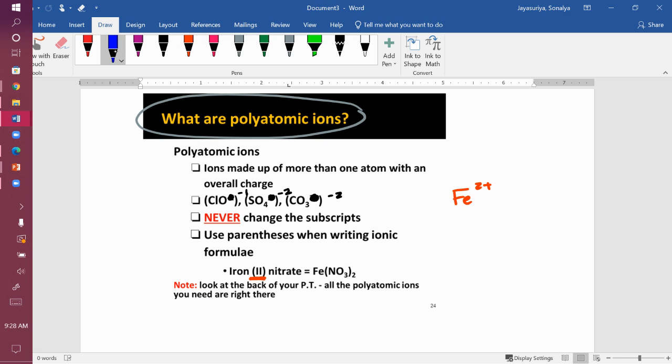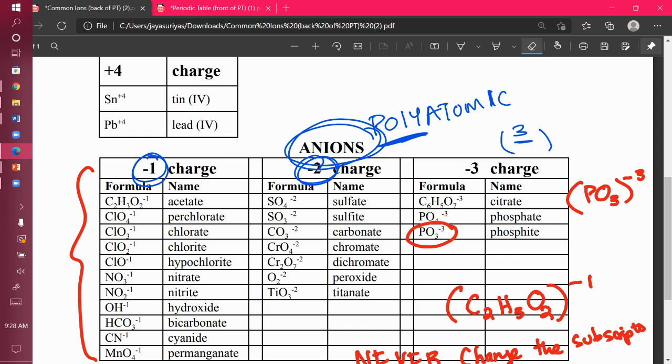This is not any element you can find in your periodic table. Nitrogen is nitride. You can't ever find nitrate on the periodic table. Most of your polyatomic anions end in ATE and ITE. So if you encounter these two endings, that means you're looking at the back of the periodic table.